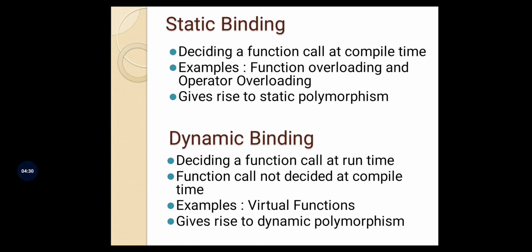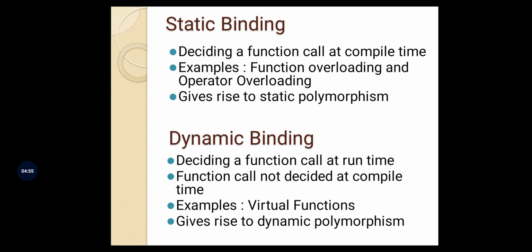These two need to be bound to each other. That means if you are invoking a function call, then the function call needs to go to the place where the function body is located. This binding of the function call to the function body is called binding. What is the difference between a static binding and a dynamic binding?